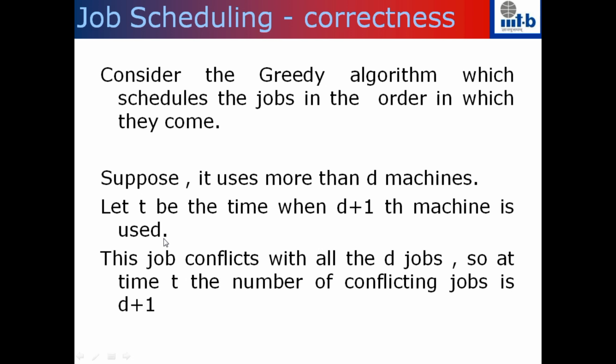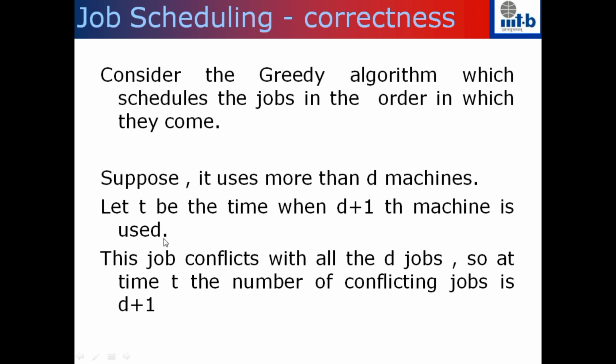All the jobs which have already been scheduled on these d machines have arrived before this, and they have not completed. That's why this particular job under consideration cannot be scheduled on any of these d machines. So this job will conflict with all the d jobs which are right now being processed in the d different machines. So at this point in time, the number of conflicts will be d plus 1.